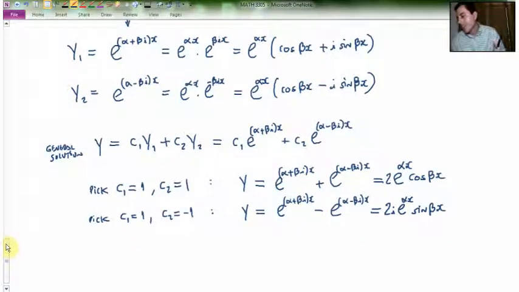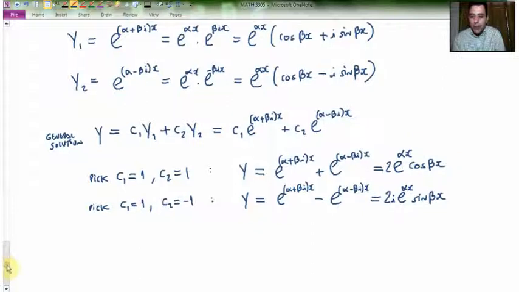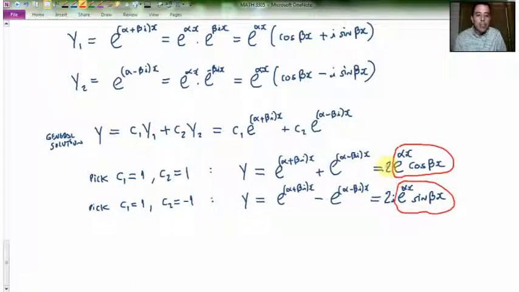Okay, and then what I'm trying to say here is that here you can see the two solutions right here. We can simply pick these two, this one and this one, because this is a constant. 2i is also a constant. So remember, if this is a constant, I can divide by 2, and that gives me another solution.